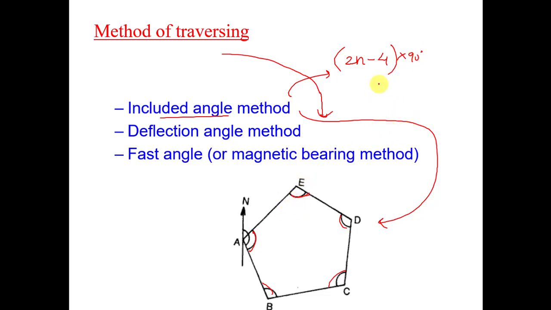For a closed traverse, this formula must be satisfied for the summation of all internal angles, where n is the number of sides of the figure.